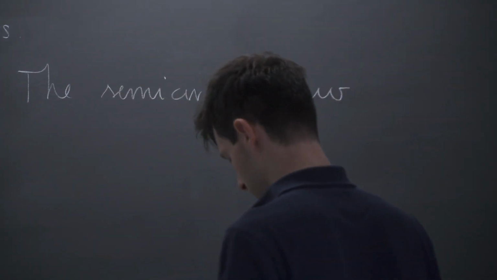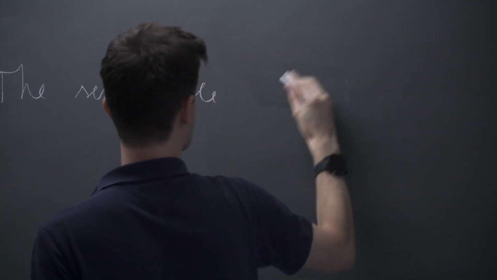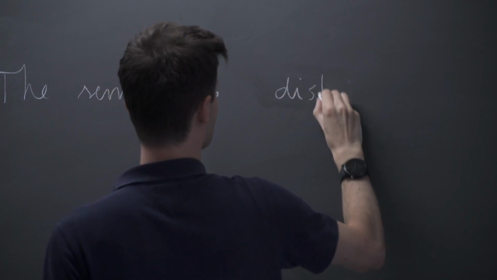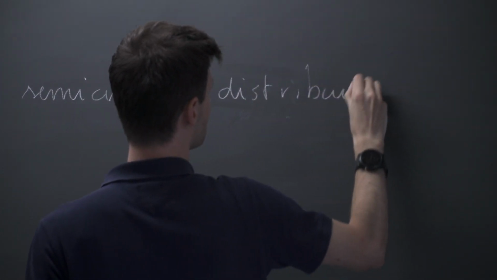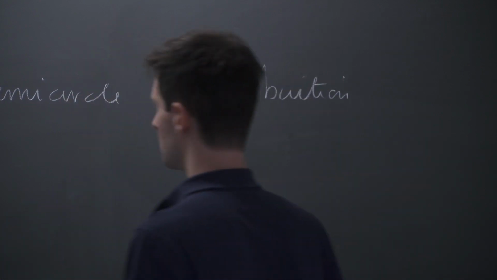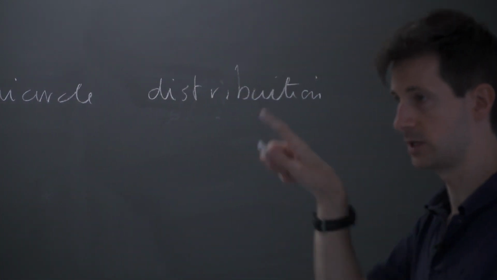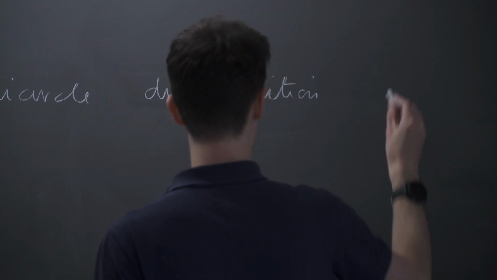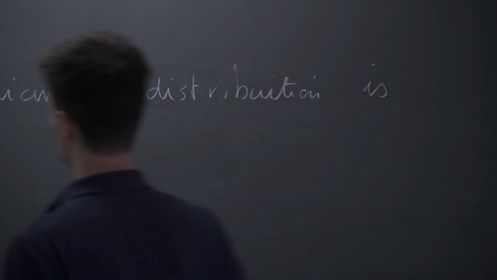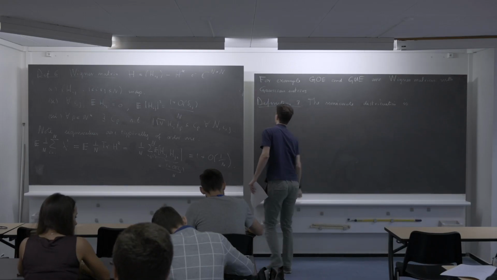As its name implies, it's a probability distribution whose density is a semicircle. Let me denote it by rho.